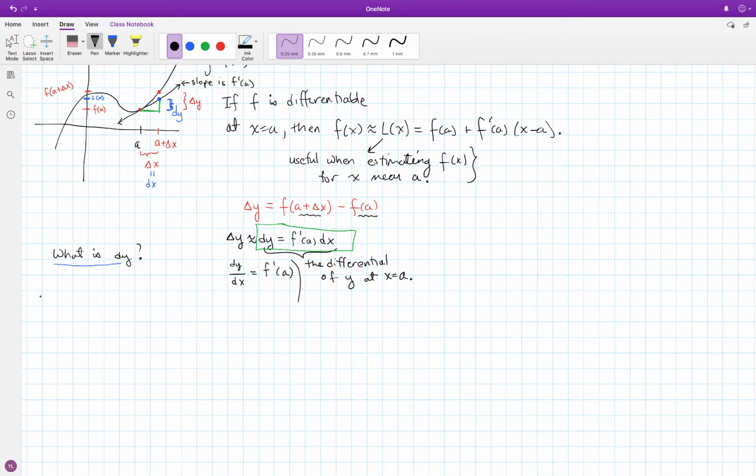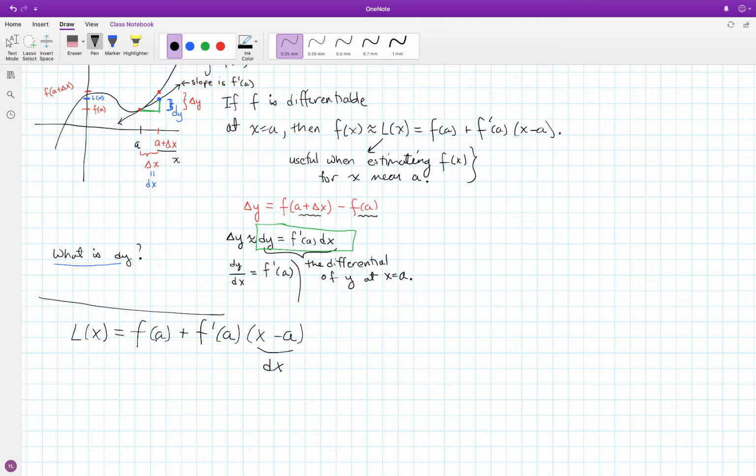So let me show you that by returning to this linearization expression and just observing what the quantities are in the picture. Notice that when I have an x value of interest, x equals a, and I move slightly over to a new x value, a plus delta x, then that amount, the new x value minus x equals a, I'm calling dx.